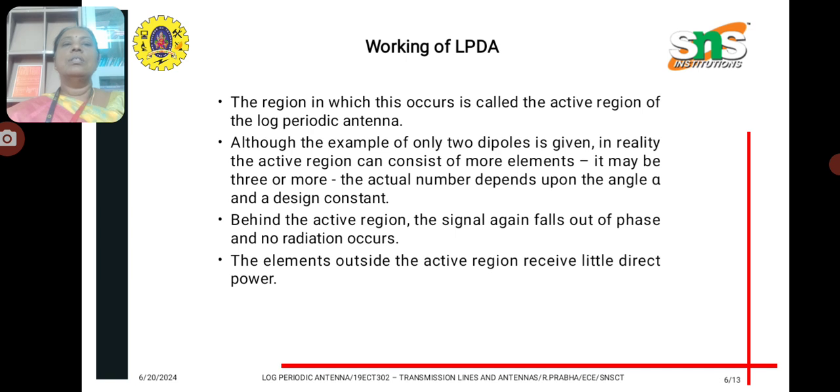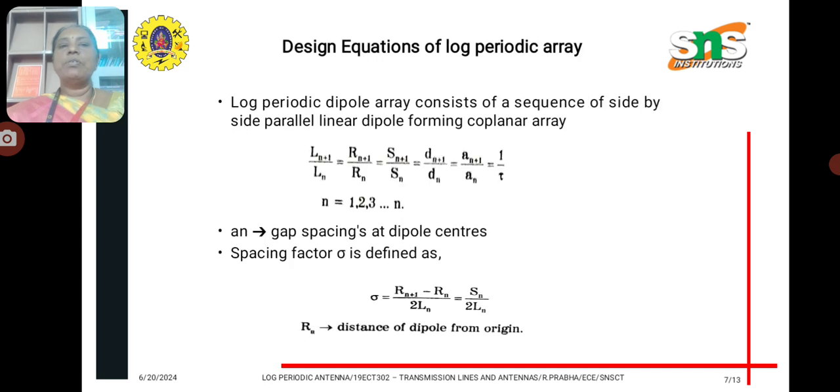Although the example of only two dipoles is given, in reality the active region can consist of more elements. It may be 3 or more. The actual number depends upon the angle alpha and a design constant. Behind the active region, the signal again falls out of phase and no radiation occurs. The elements outside the active region receive little directive power.